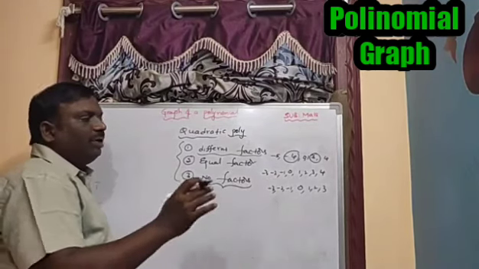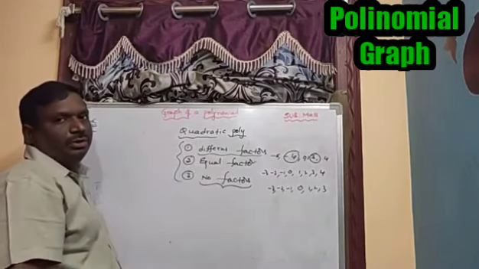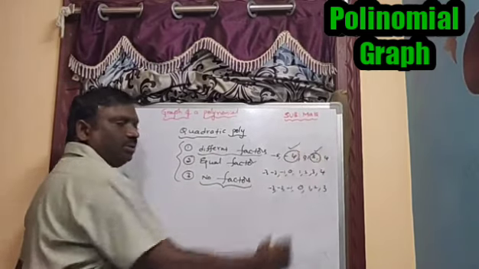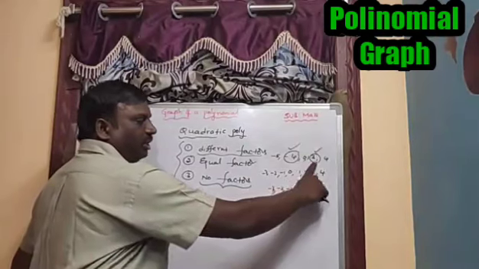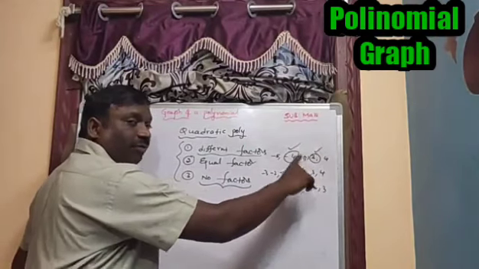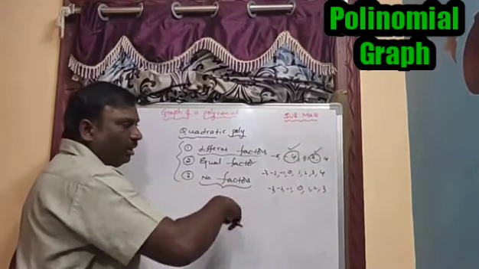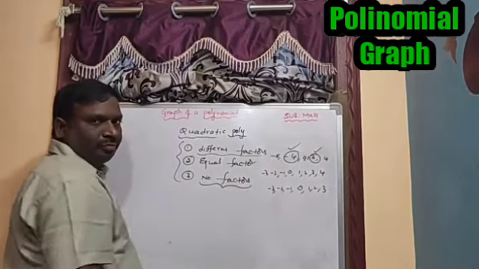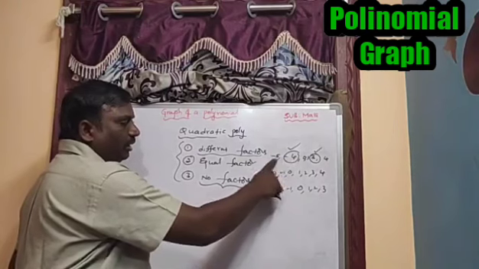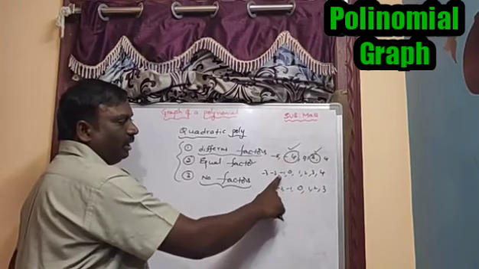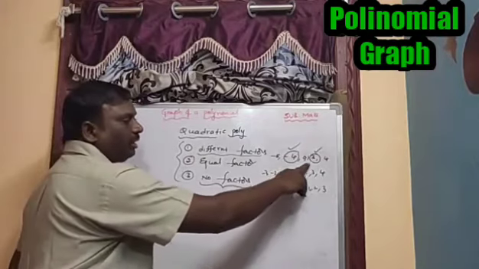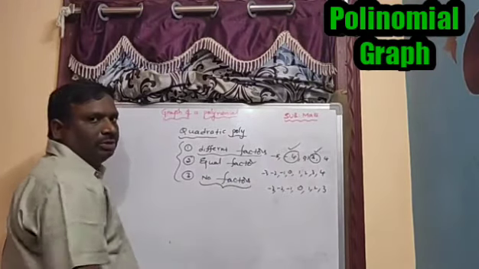Every child has this doubt: what are the values we have to take? If you know the factors, that means different factors, and it is positive, after that you can take one value. Why we take one value after and before, I will explain in the graph. In the middle you can take 0, 1, or 2, or minus 1, any two values.